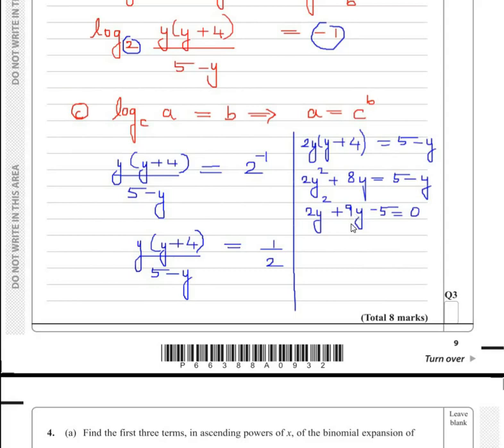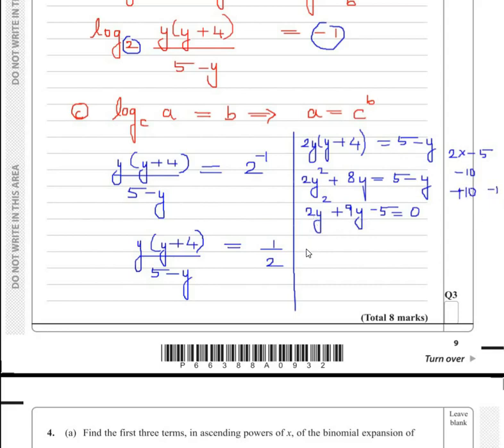Now I am going to solve it again using splitting the middle term. We are going to multiply 2 and minus 5, so 2 times minus 5 gives us minus 10. The factors of negative 10 that will give me plus 9 are plus 10 and negative 1.